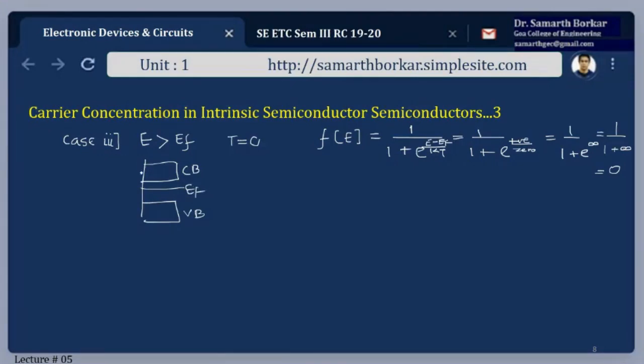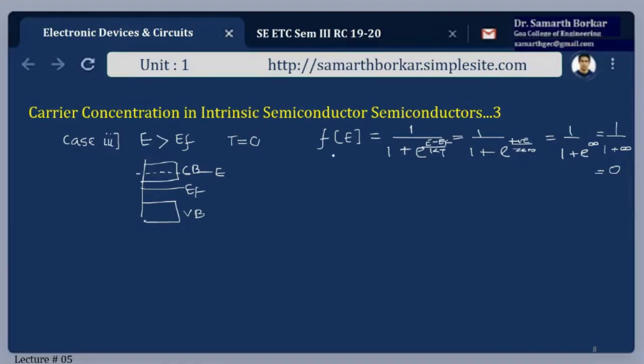Now if I take some value of E which is greater than EF, naturally it has to lie in the conduction band. Now at t equals to 0, if I substitute, I'm getting a value of probability distribution as 0. Fine. So at t equals to 0, you're not going to have any electrons in the conduction band.